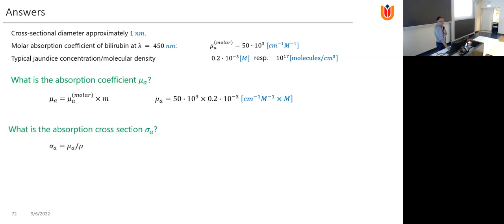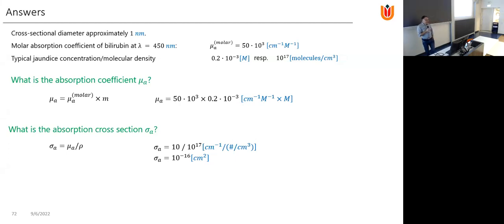You take the 10 per centimeter you just got and divide it by 10 to the power of 17, and you get 1 times 10 to the power of minus 16, in square centimeters.